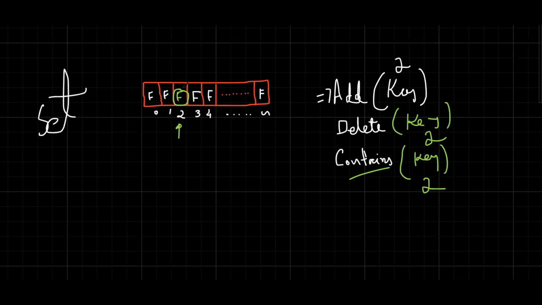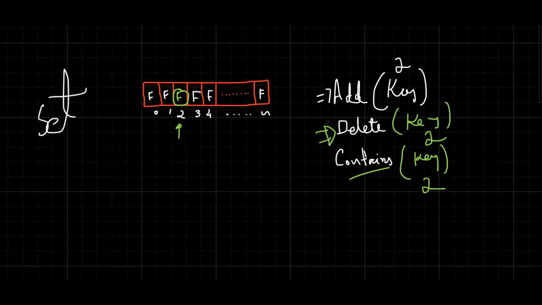So I am summarizing the entire algorithm. For the addition method, we have to simply change the false value to the true value, which will represent that this value is currently present in the hash set. For the delete, we have to simply update the true value to the false value.